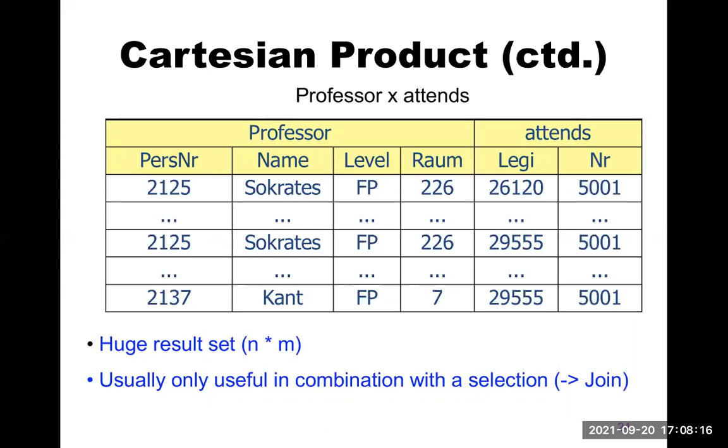In most cases, we use Cartesian products not just to generate all the possible combinations, but to filter on the next step. If professor and attendance have something in common, then we may compare some fields of the Cartesian product and select using this condition.